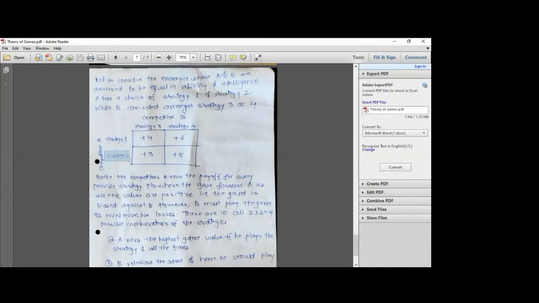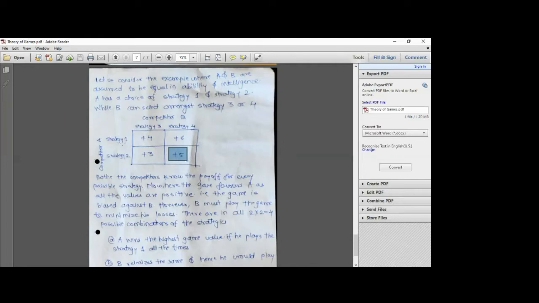If competitor A is playing strategy 2 and competitor B is playing strategy 3, the gain is +3 for A. And next, for strategy 2 of competitor A and strategy 4 of competitor B, the gain for A is +5. If there would have been a negative sign here, that would have been a loss for A. So this entire matrix is represented with an orientation towards competitor A.